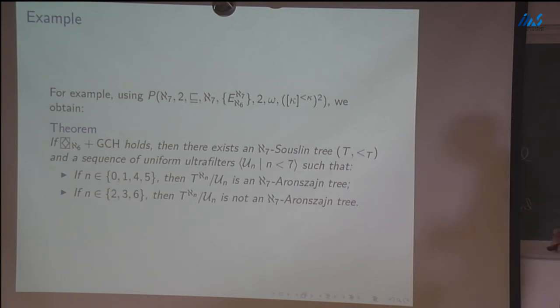So we can build a Souslin tree with a lot of control over exactly what happens to it and what it looks like in terms of reduced powers, using particular values of the parameters.